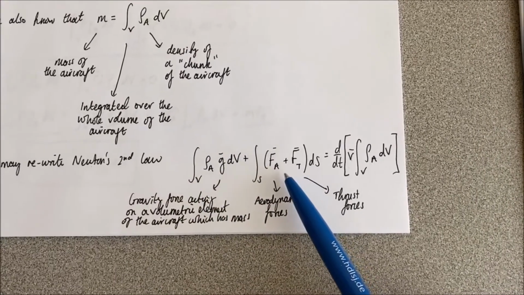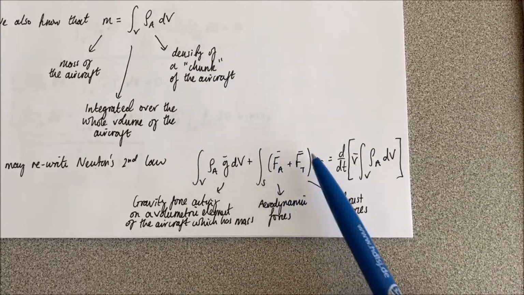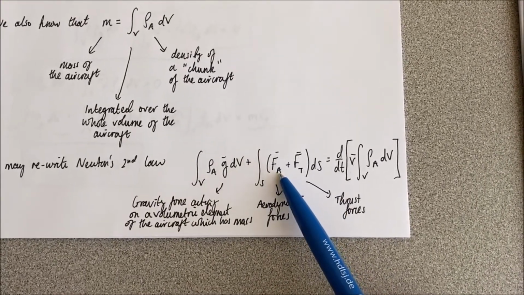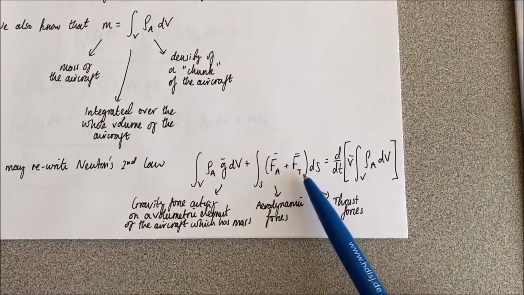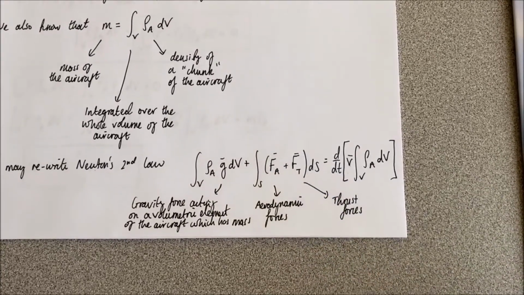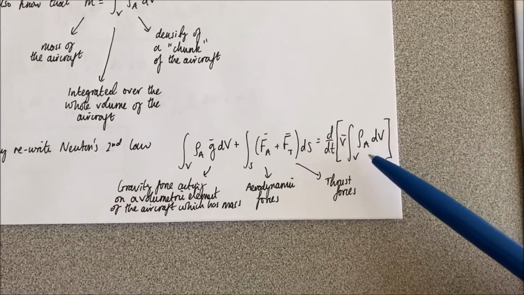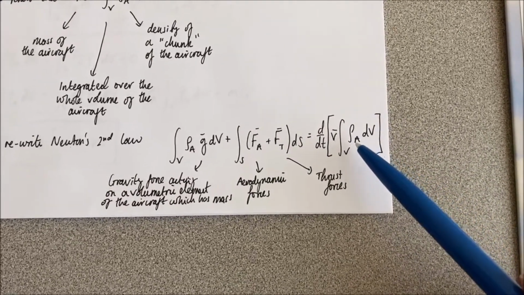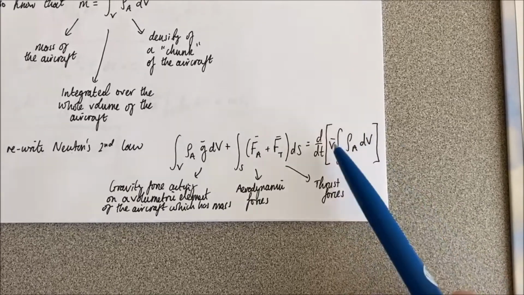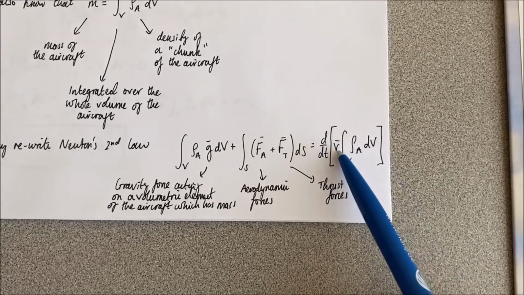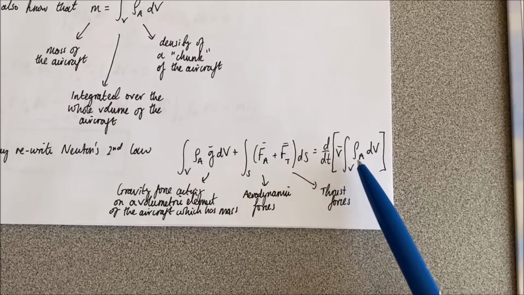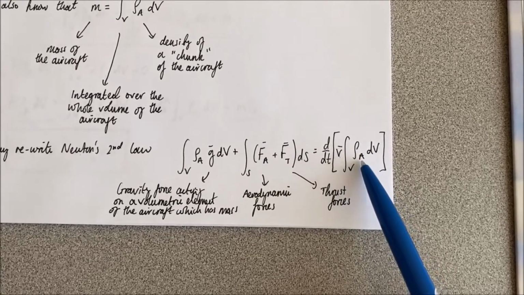This is our two other forces, so this is our two surface forces, the aerodynamic forces, lift and drag, and the thrust forces from the engines or power plant or whatever. And then this is our right hand side, so this is how we described acceleration, right? This derivative here multiplied by mass again, right?